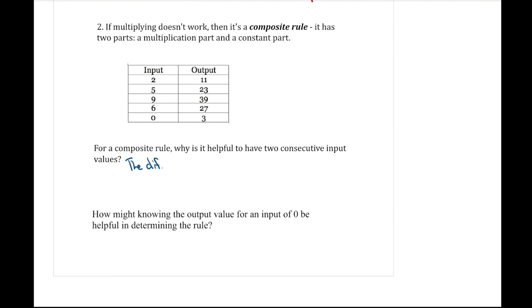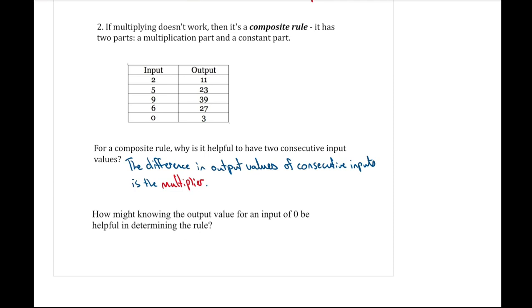Because the difference in output values of consecutive inputs is the multiplier. So that's what we were talking about before when you had one number that followed another, or if you're looking at a visual pattern.